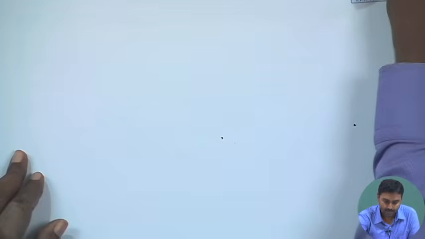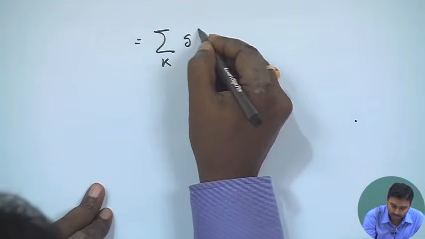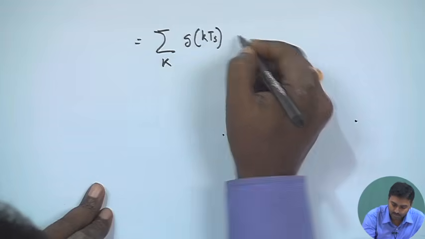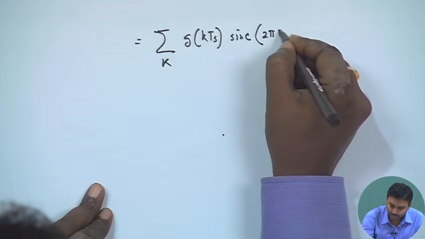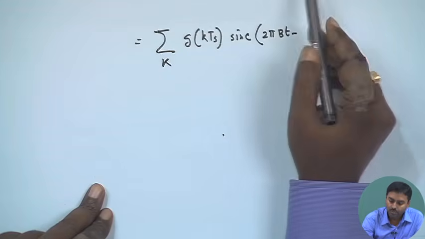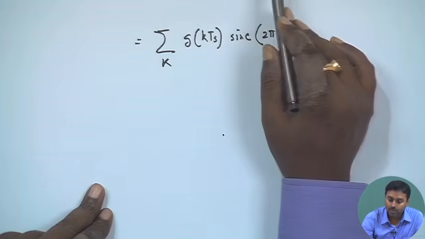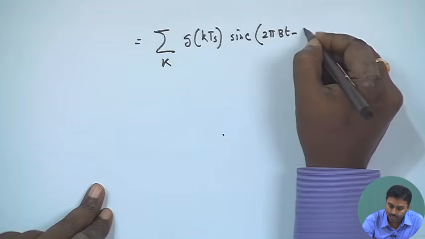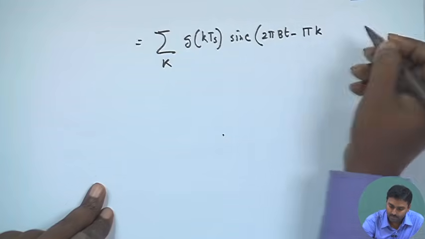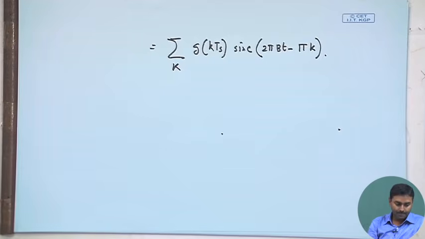So, what is that? This is actually the summation over k of g(kTs) sinc(2 pi bt minus 2 pi b times k times Ts). b into 2bTs, we already know it is 1. So, this will remain as pi k, right.